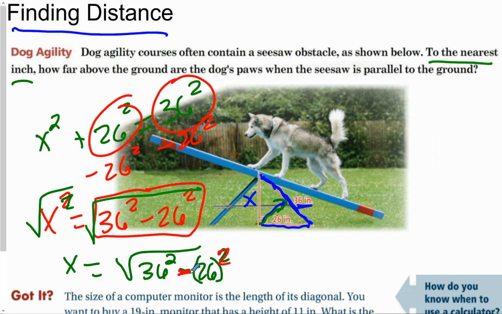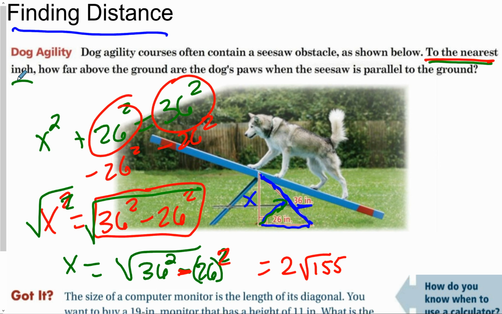So if I type that in my calculator all at once: square root, 36 squared minus 26 squared, it gives me an answer of 2 root 155. I don't want that, because I want it to the nearest inch.